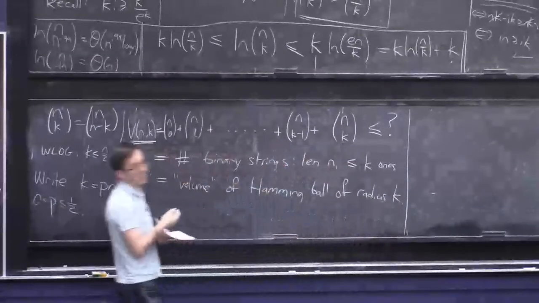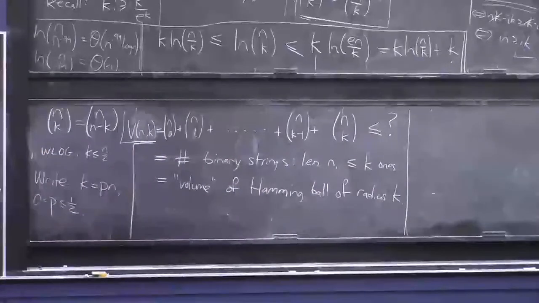And I'll show you this ad hoc trick that's kind of similar to the way we bounded n factorial using the Taylor series for e to the x, except we're going to bound V using the binomial theorem.